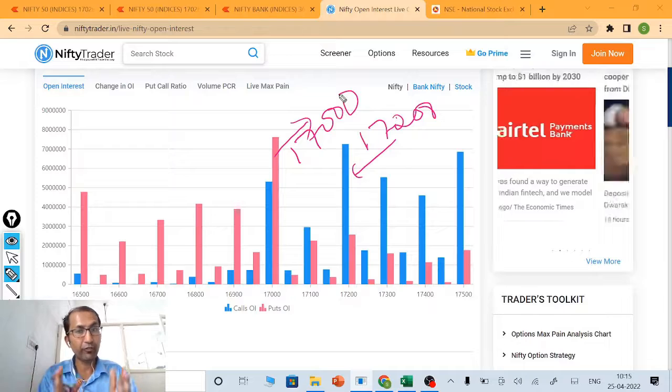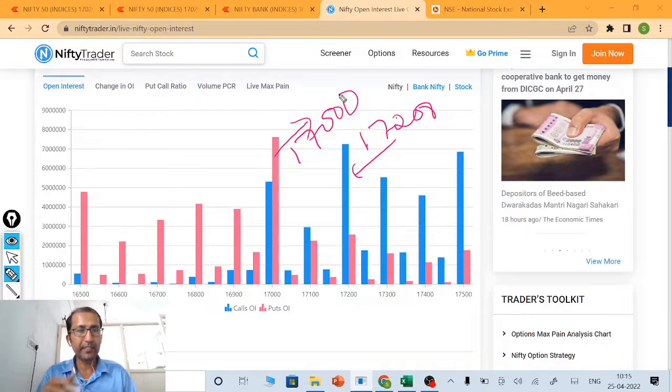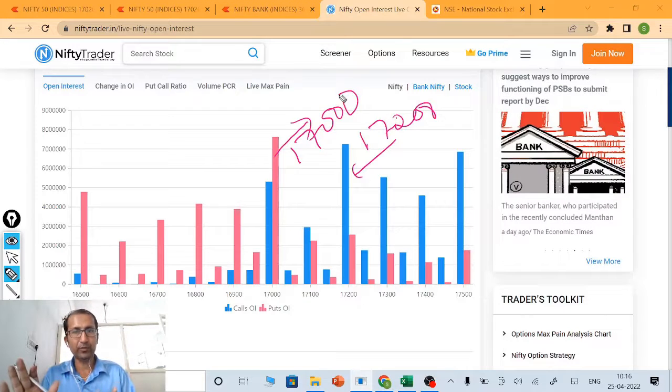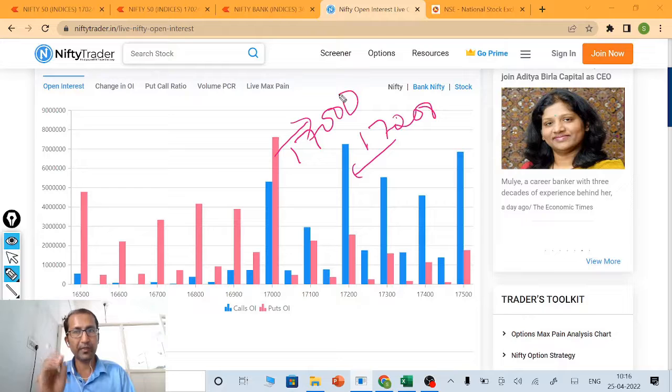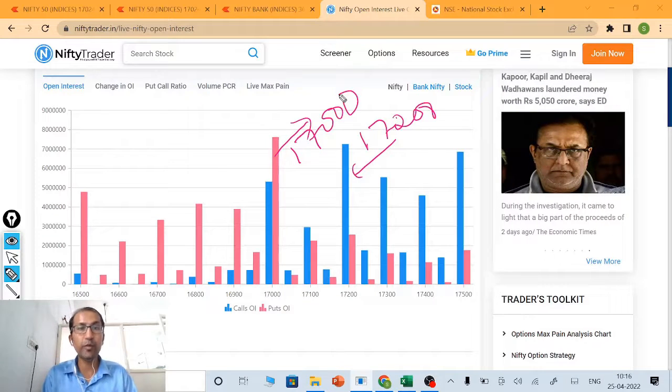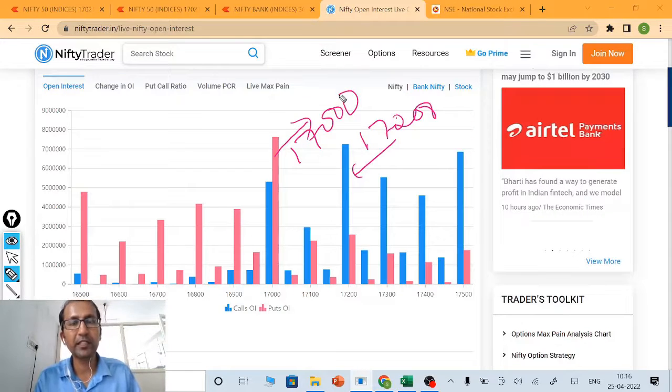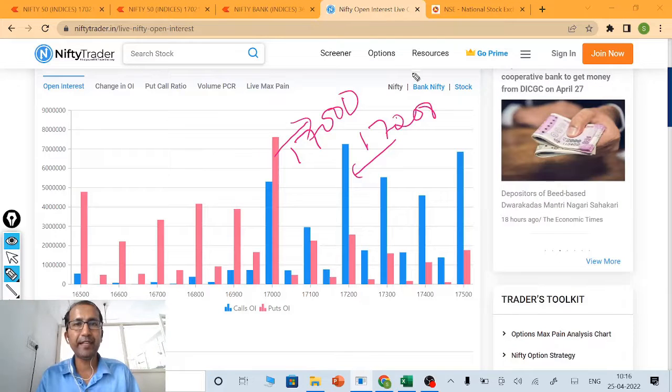These positions were for Friday. But in the change in open interest, you have already seen market will range between 16,800 to 17,000. Today's change is indicating that the range will be between 16,800 to 17,000.